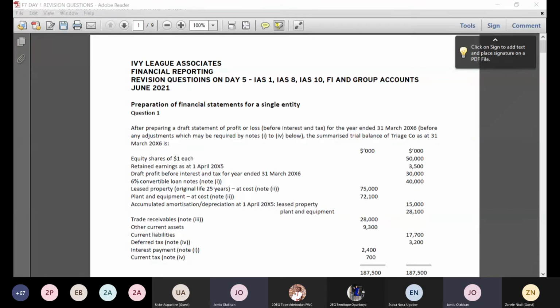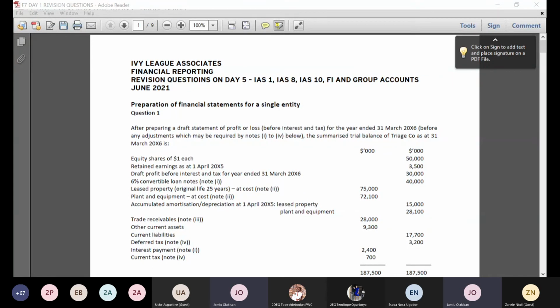IAS 8 deals with 3 things. Number 1, it deals with accounting policy. Number 2, it deals with errors. And number 3, it deals with accounting estimates. Now, accounting policy has a definition.